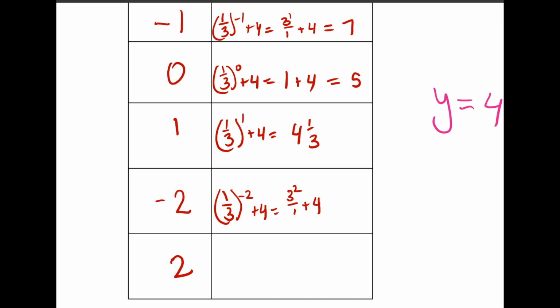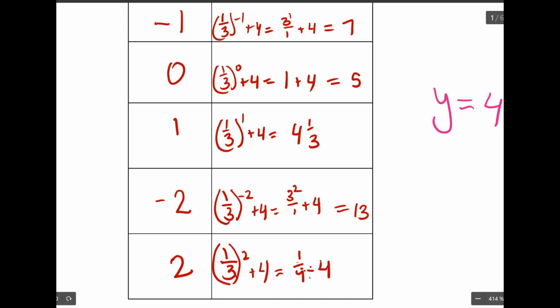I centered around 0 and I'm working my way out on each side. So that's 9 plus 4, which is 13. That's off my graph. 1/3 squared plus 4 is 1/9 plus 4, so it's going to be 4 and 1/9.